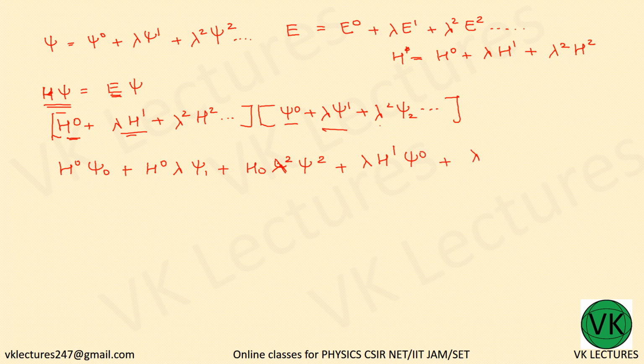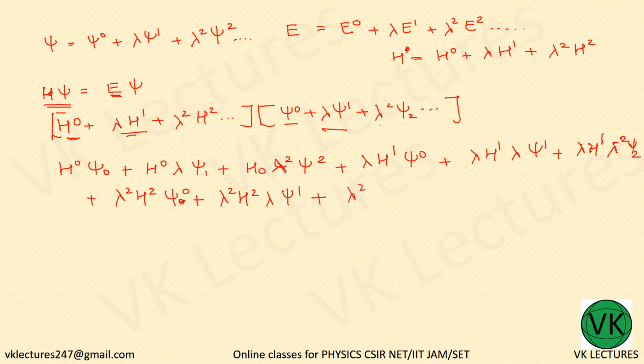Now lambda H1 will go with lambda psi 1 plus lambda H1 will go with lambda square psi 2 plus lambda square H2 will go with psi naught plus lambda square H2 will go with lambda psi 1 plus lambda square H2 will go with lambda square psi 2. So it goes on.